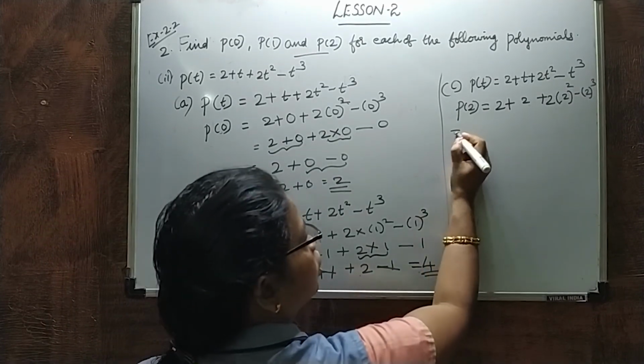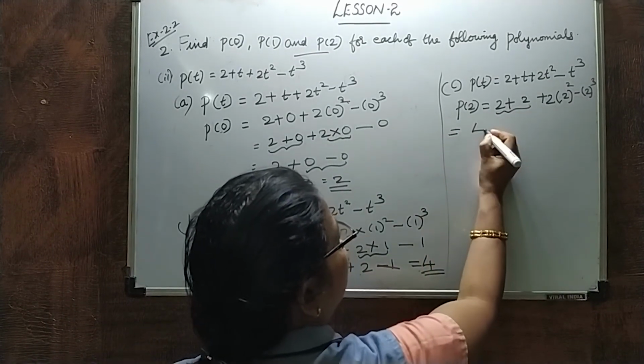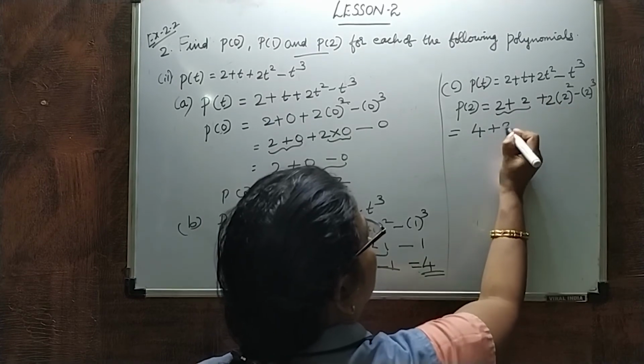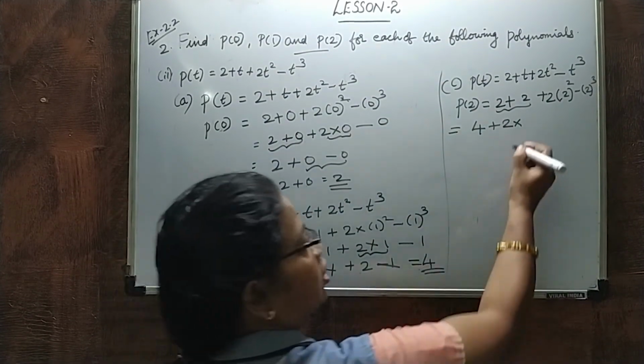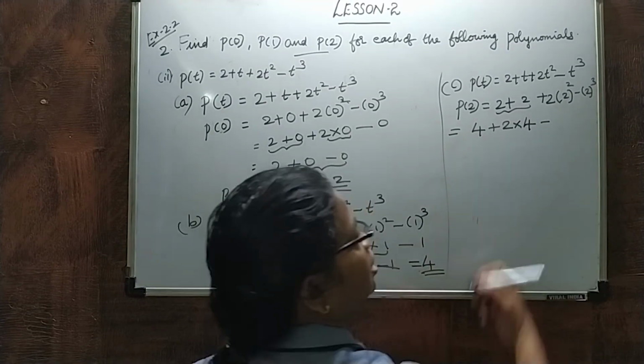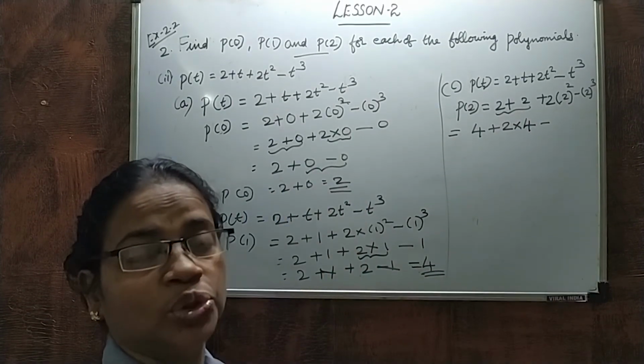Okay, what is 2 plus 2? 4 plus 2 into, what is 2 square? 2 into 2, it is 4, minus 2 cube, 2 into 2 into 2.